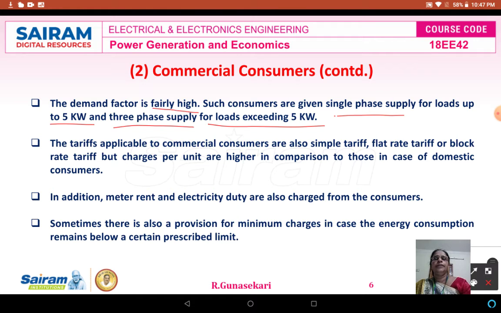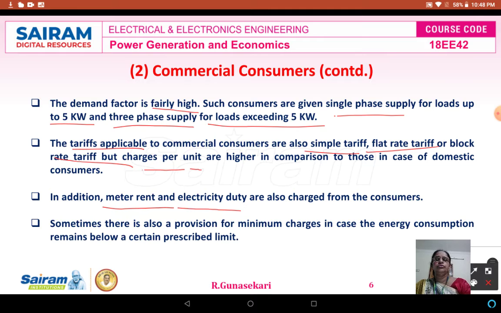What type of tariff is applicable for commercial consumers? Simple tariff, flat rate tariff, block rate tariff, similar to domestic consumers, but the charge per unit is higher compared to domestic consumers. The meter rent and the electricity duty also charged from the consumers are similar to domestic consumers.